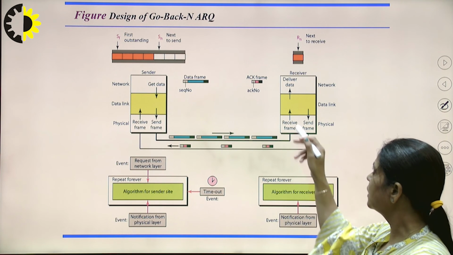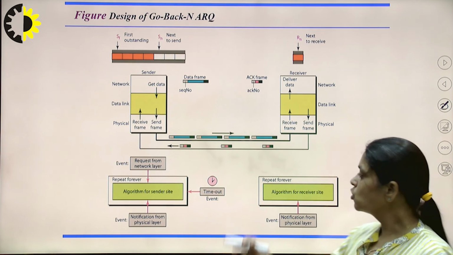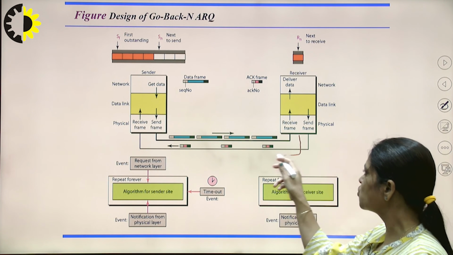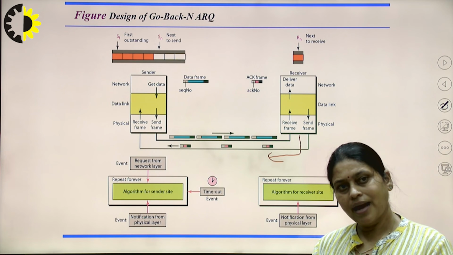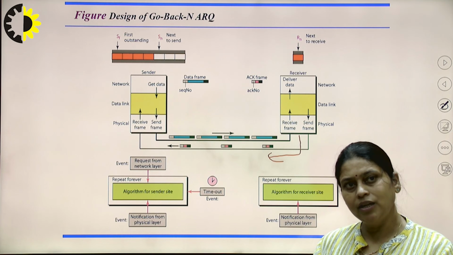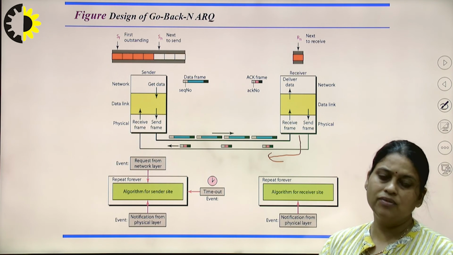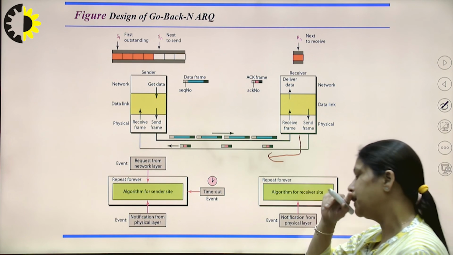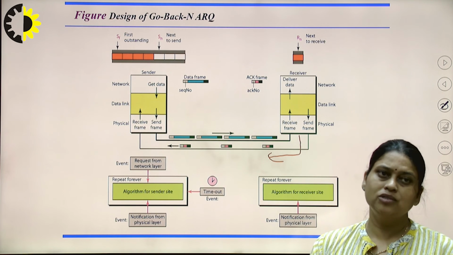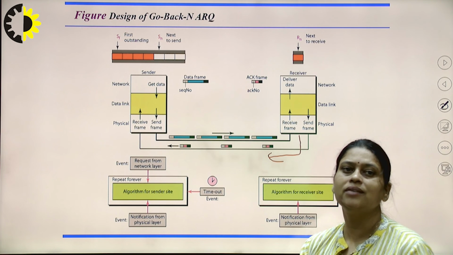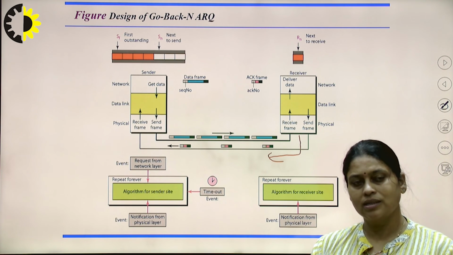Suppose the receiver receives the second frame first, then the second frame's response will be sent first. The receiver and the source are both continuously sending and receiving frames. In the stop and wait ARQ method, we have to wait until we receive the acknowledgement of the first frame, so it is a very time consuming process.